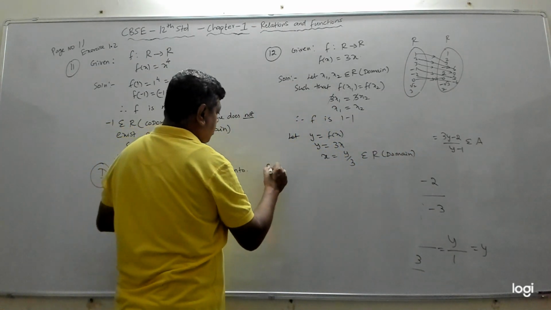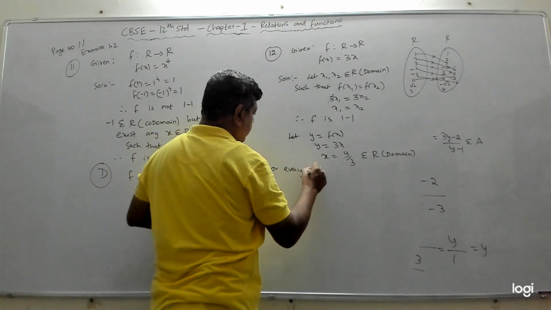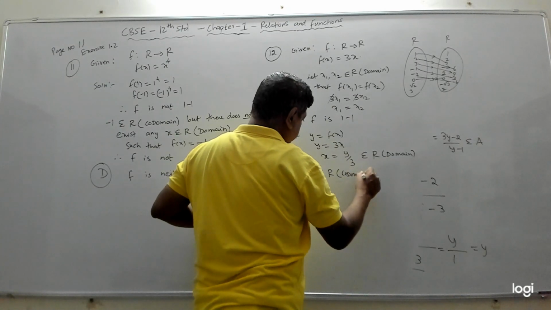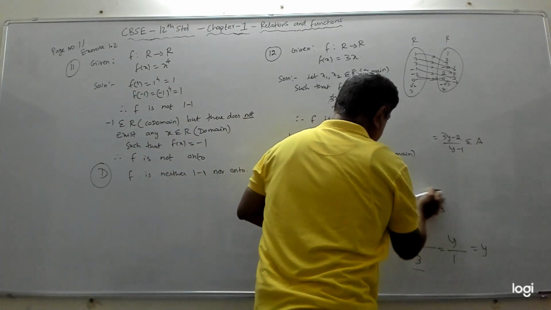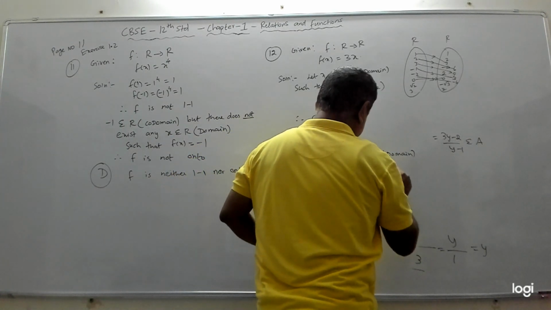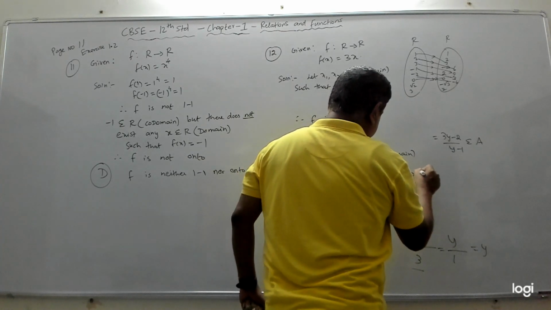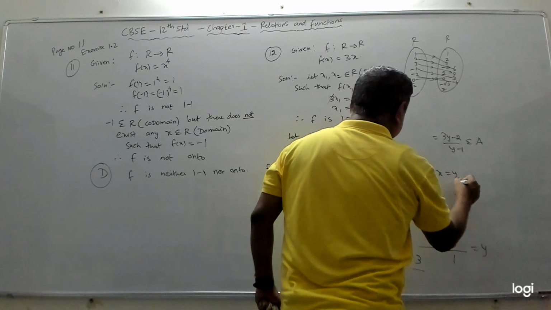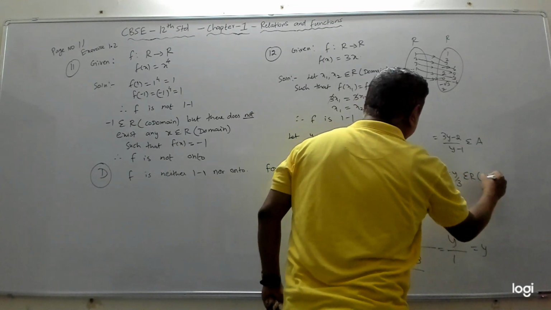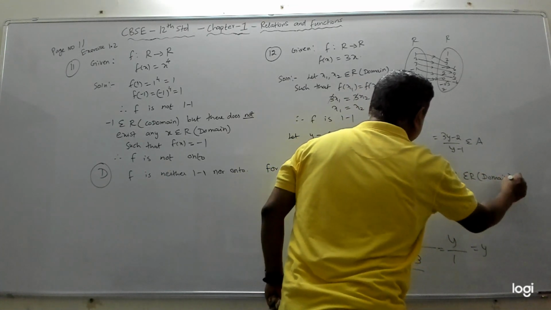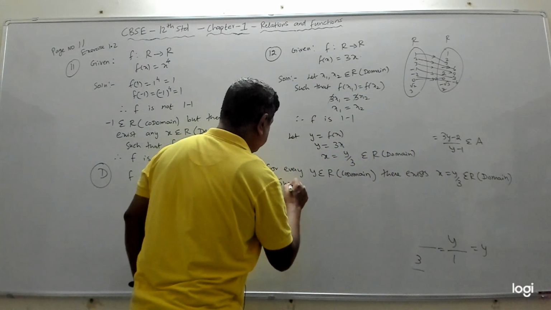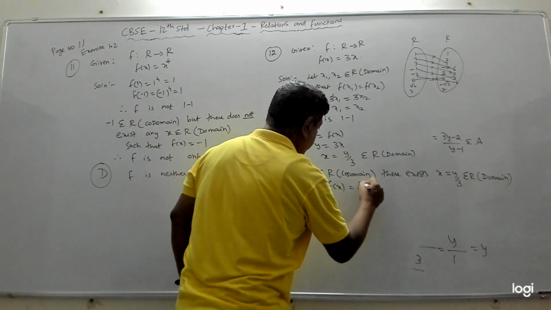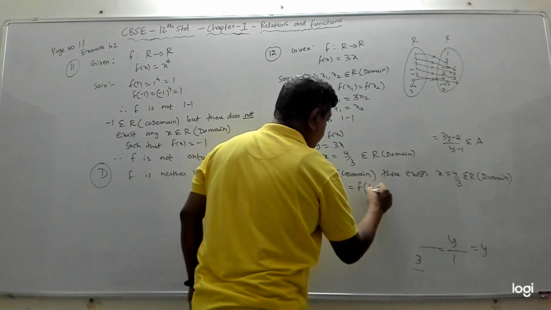So we'll say for every y belonging to R, the codomain, there exists x equal to y by 3 belonging to R, that is the domain, such that f of x is what? f of y by 3.